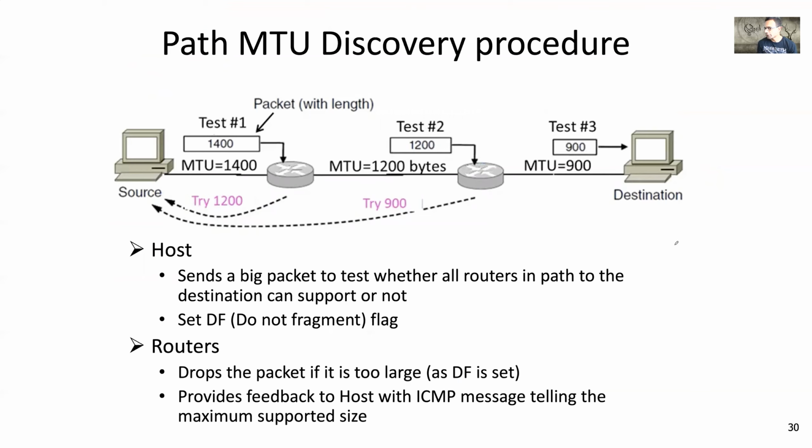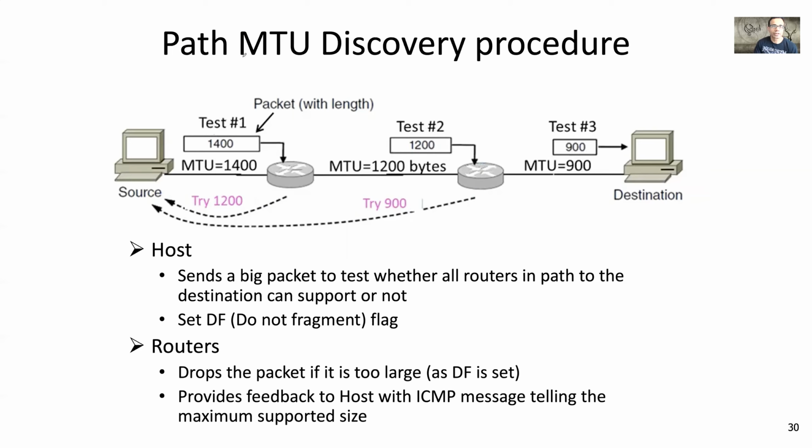So there is actually a way for 2 endpoints that are communicating to discover the MTU along the path, whereby by doing this discovery, the source can then start using sizes that do not need to be fragmented along the path, right? So for example, again, a hypothetical network like that, the first link has an MTU 1400, this has 1200, this has 900.